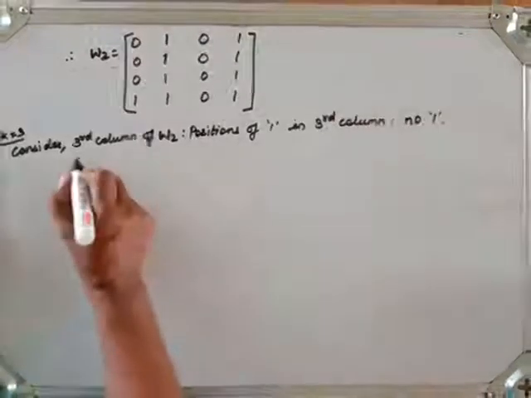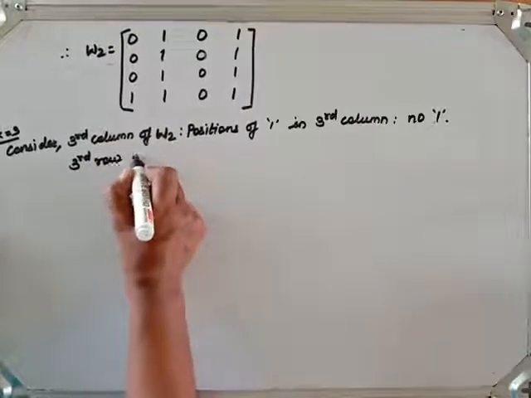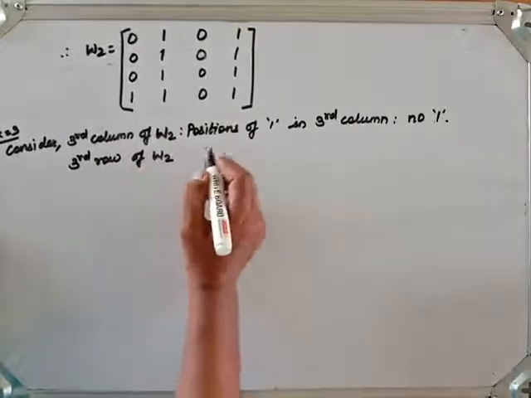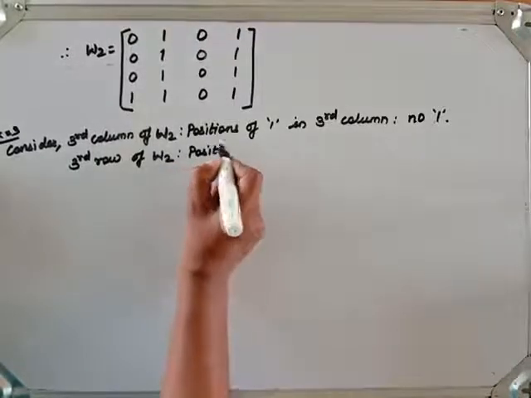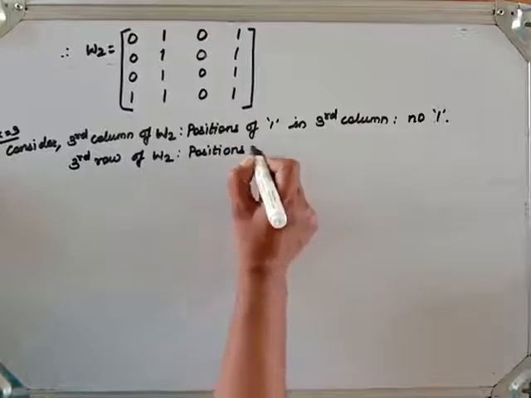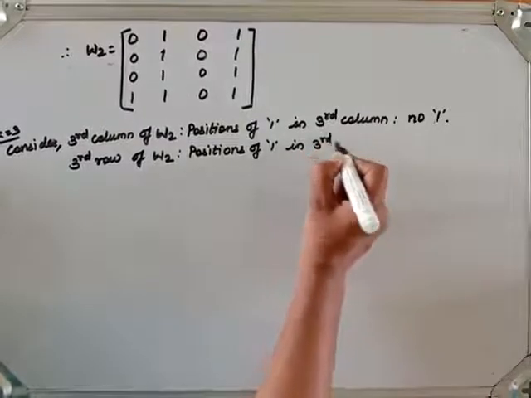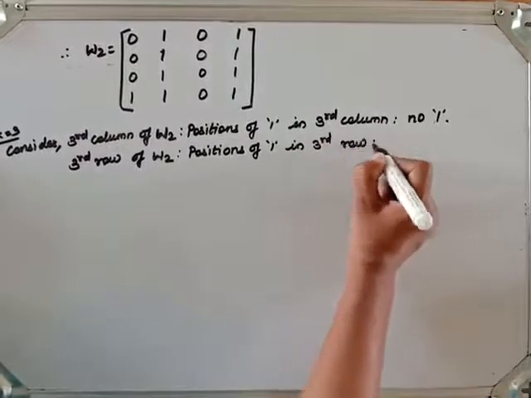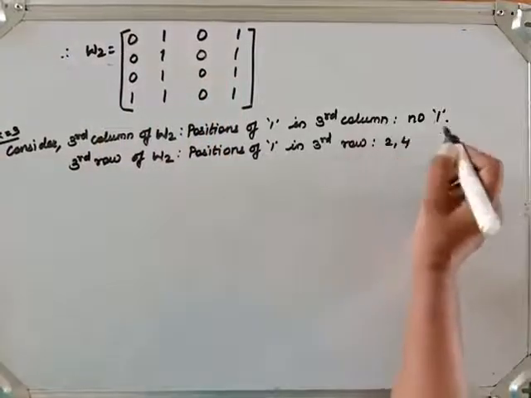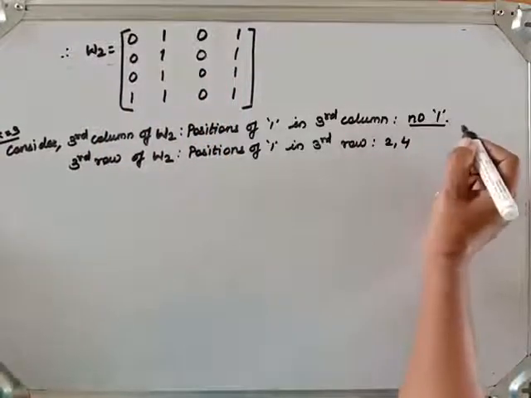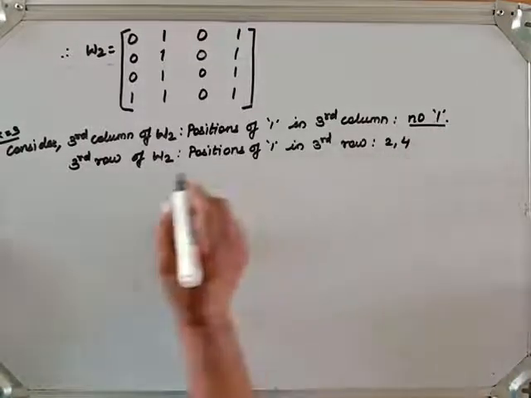Now the third row of W2. So what does that give? The positions of 1 in the third row are at 2 and 4. But here there is no 1, so we cannot take the pairs Pi and Qj.